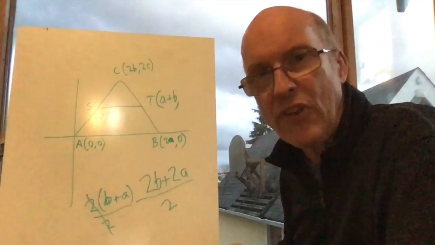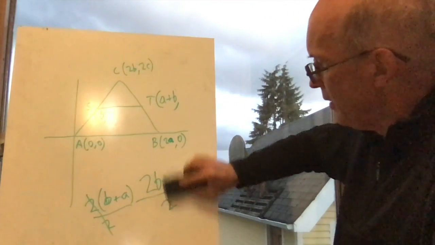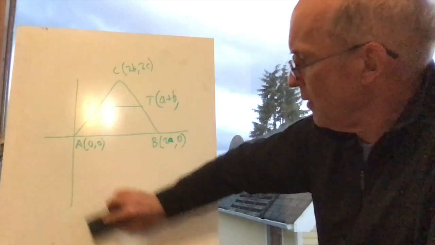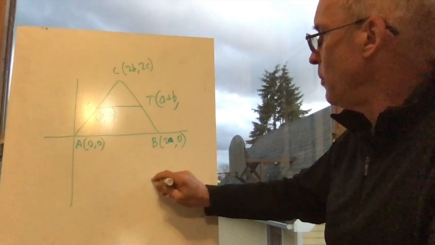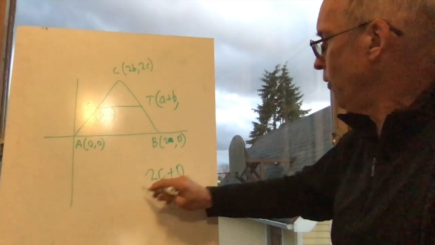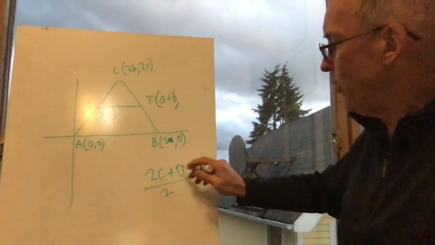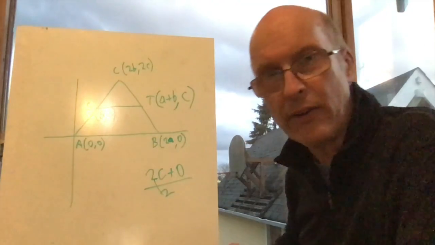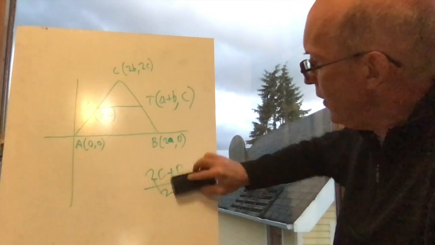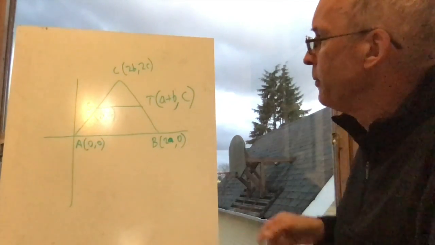The x value is a plus b. Now we add the two y's together. It's going to be 2c plus 0 divided by 2. Get rid of the 0, divide by 2, and you end up with c as the y value. Okay, so now we have enough to do this proof.